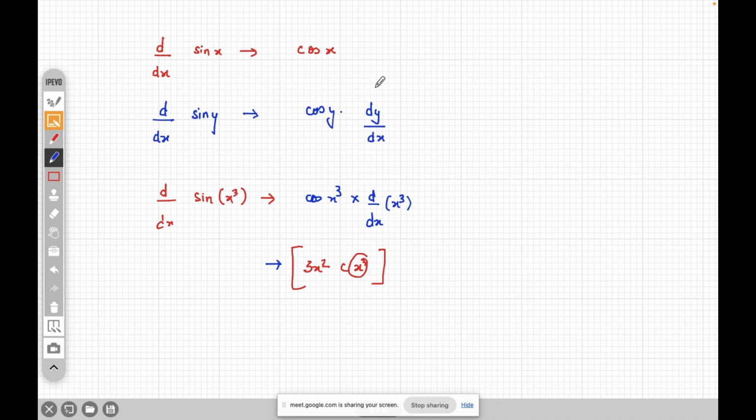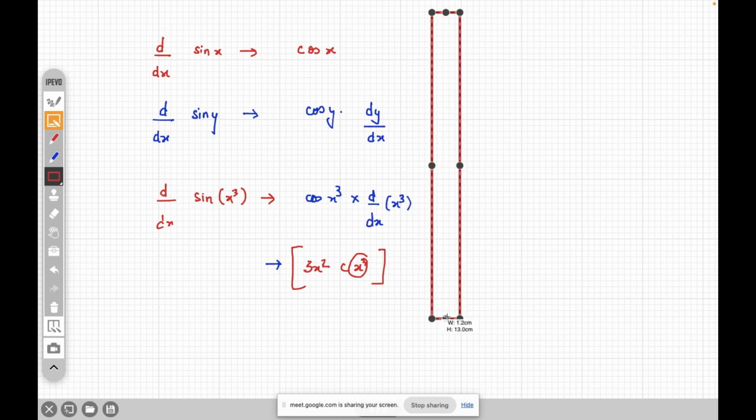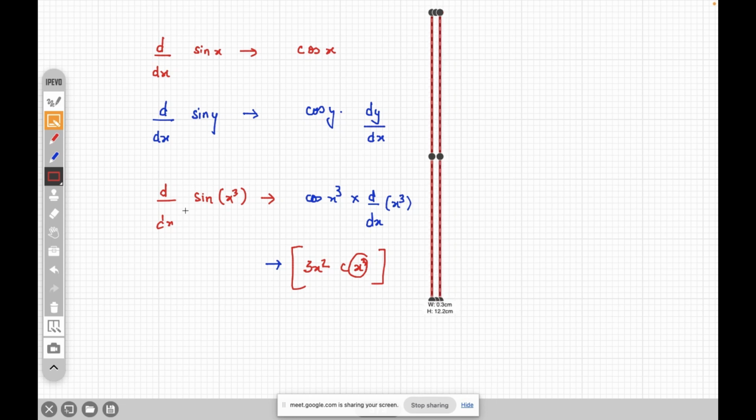Yes. So beta, for those who are doing it for the first time, it is called chain rule.